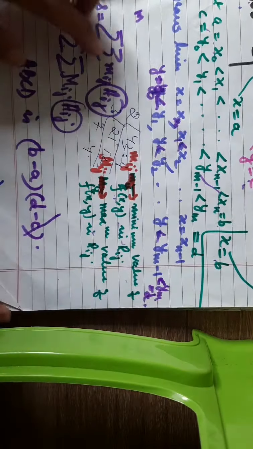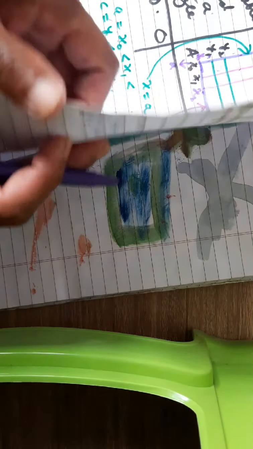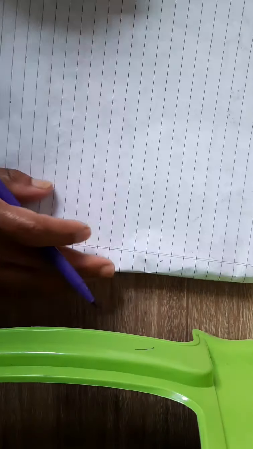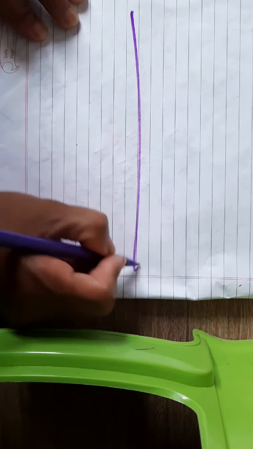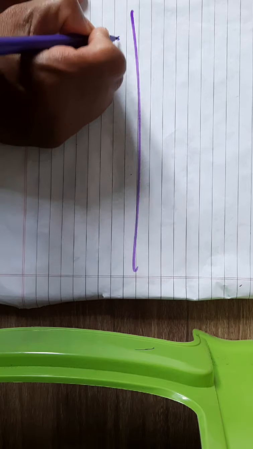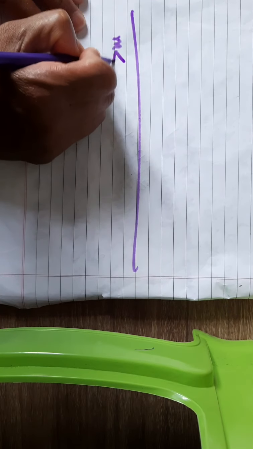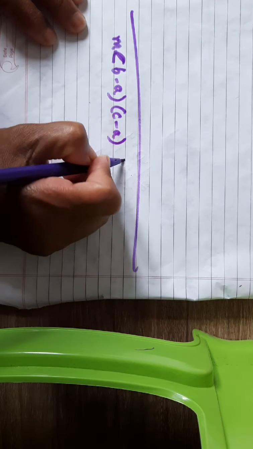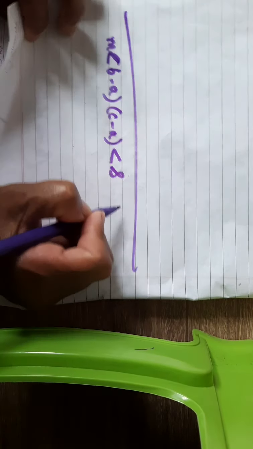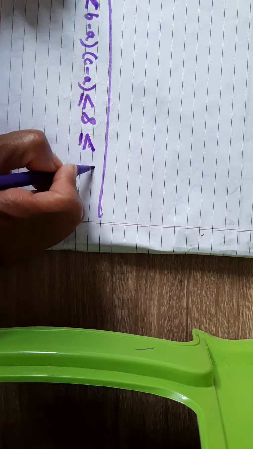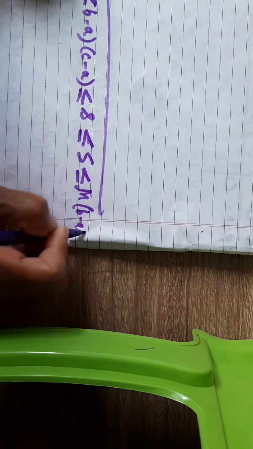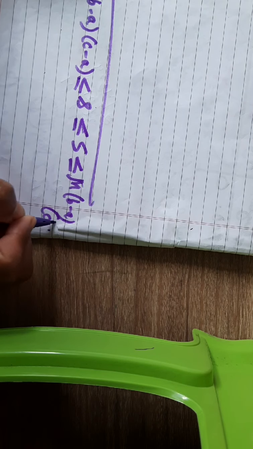Then after that, since m is a lower bound, m times (b minus a) times (d minus c) will be less than or equal to small s, less than or equal to capital S, less than or equal to capital M times (b minus a) times (d minus c).